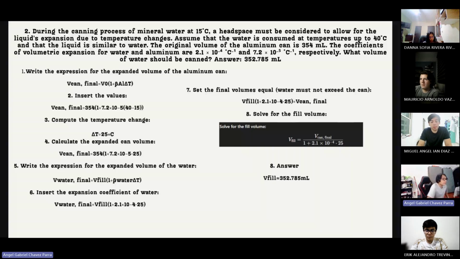Set the final volume equal: the water must expand to fill the can, so V0 times 1 plus 2.1 times 10 to the minus 4 times 25 equals the final can volume. So the initial water volume is obtained. 8. Answer: 352.785 ml.